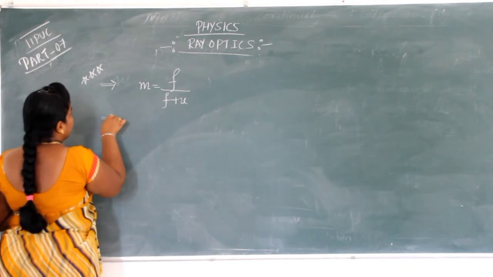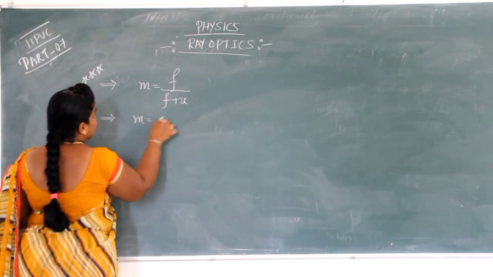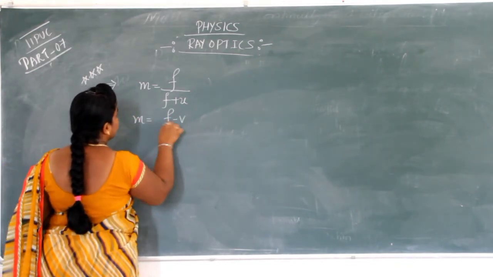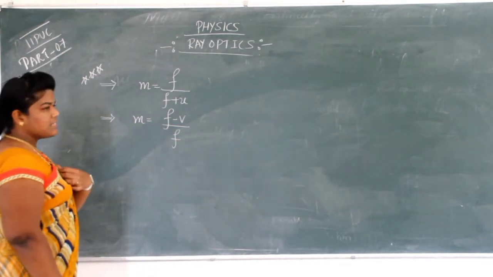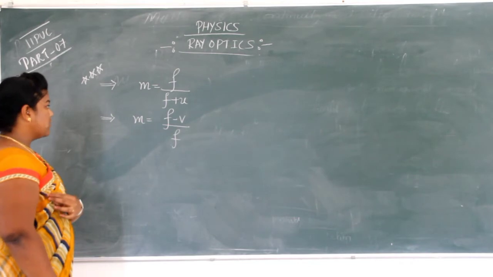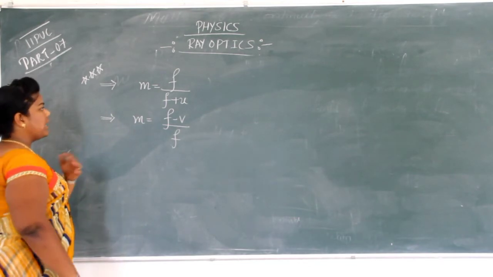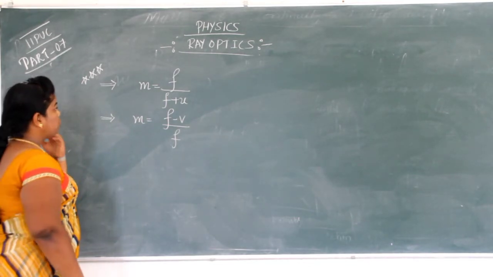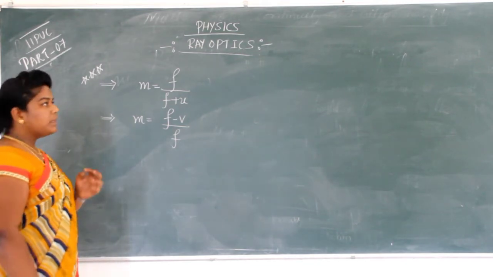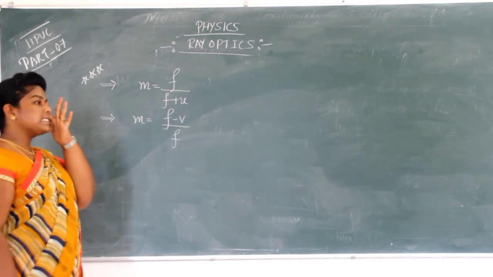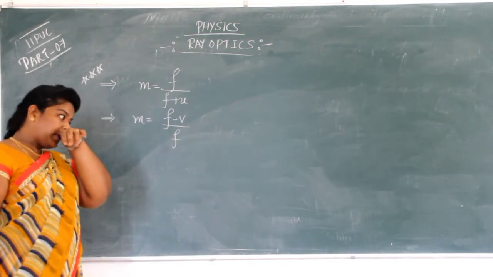Also we can write the magnification as m is equal to f minus v divided by f, where v is the image distance and f is the focal length. So my dear students, these are the different ways to write the formula for magnification with the help of focal length, object distance and image distance.